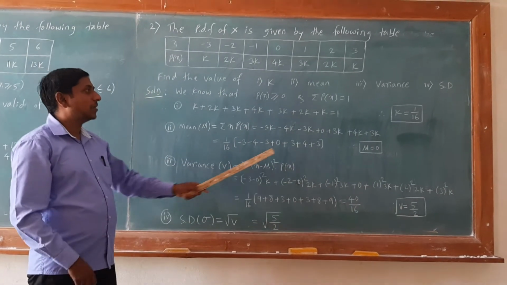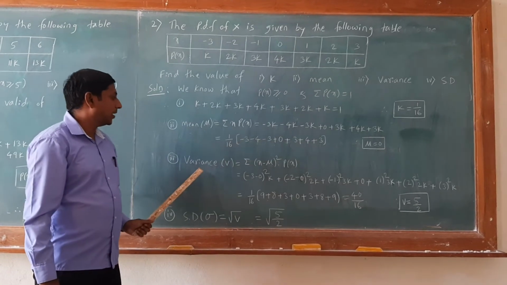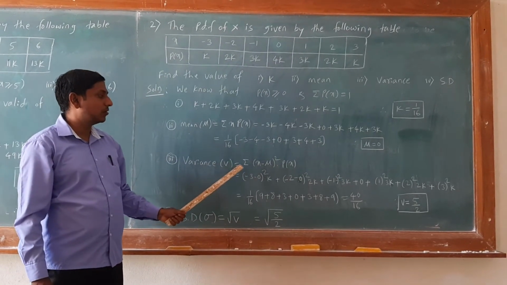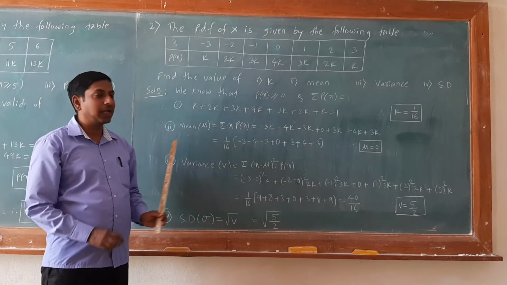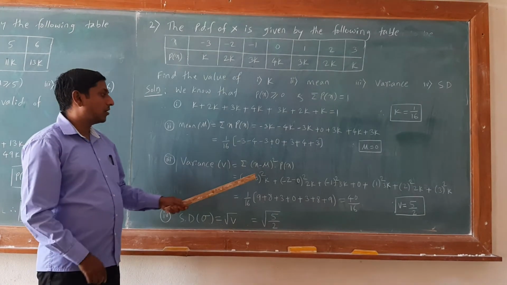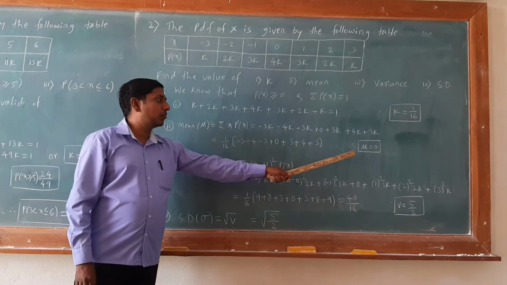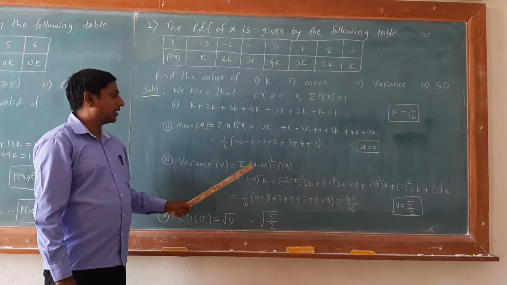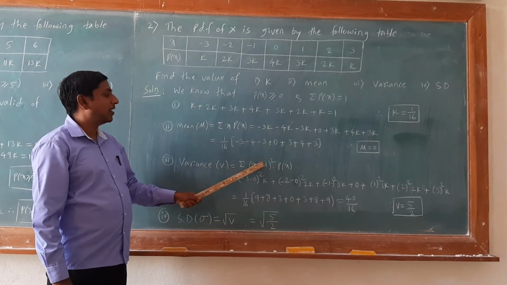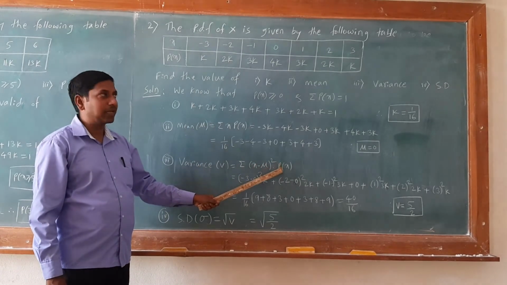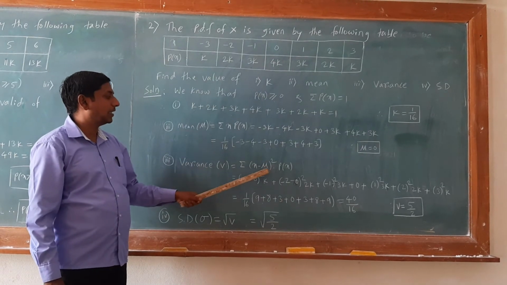Then the next one is the variance. Our variance formula: phi is equal to summation of x minus mu whole square into p of x. We already know that mu is equal to 0, and then we substitute the value of x as minus 3, mu value as 0, and p of x, which is k.